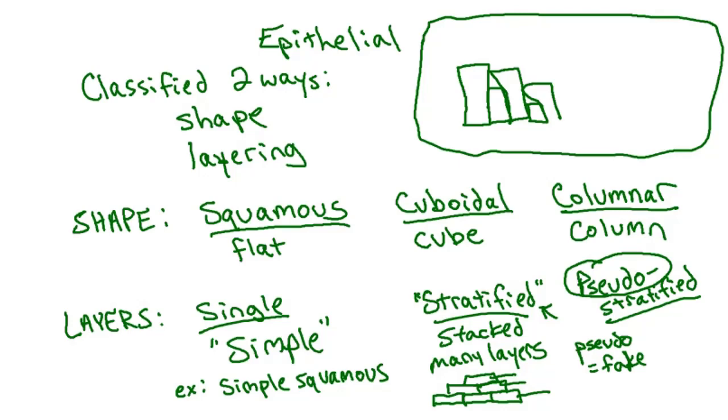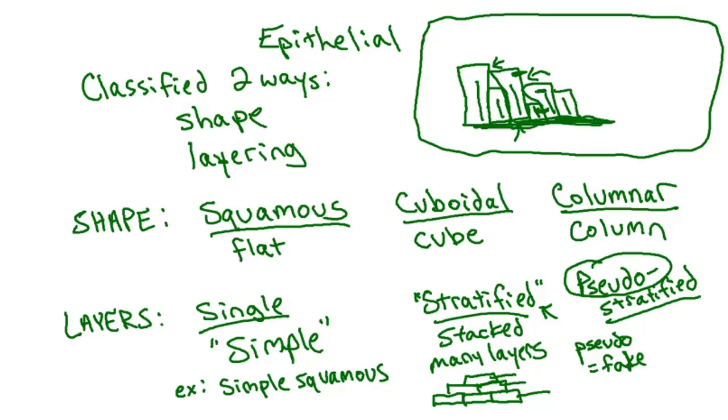The cells, as you can see, are kind of bending over. So when you look at it, it looks like there's more than one layer, but there's really only one layer because every single cell is attached to that basement membrane down here.